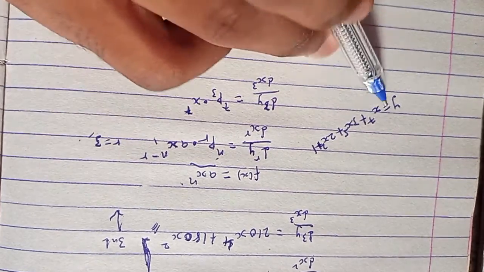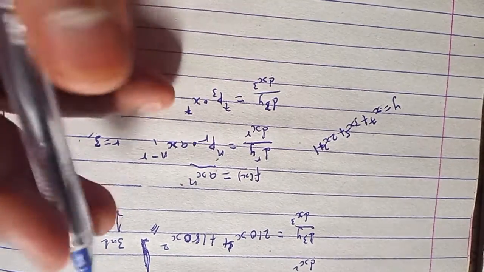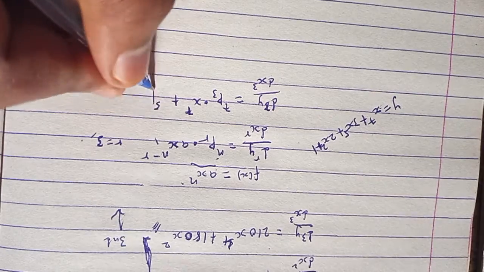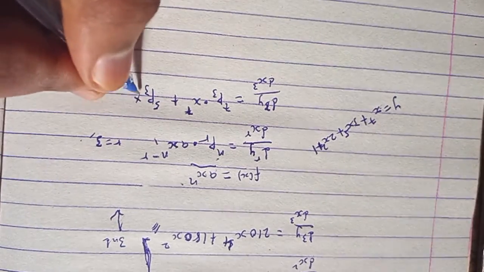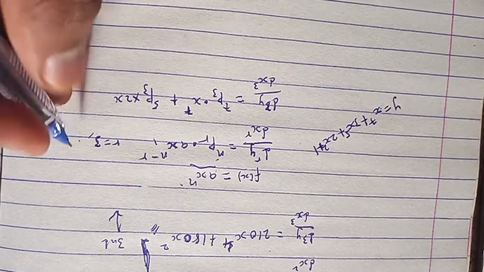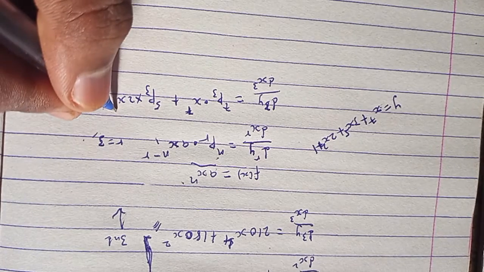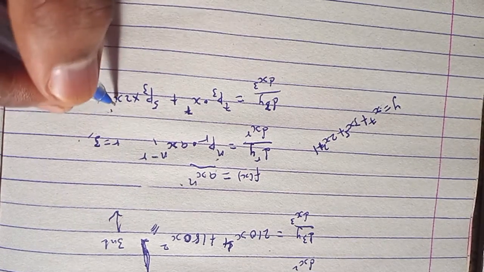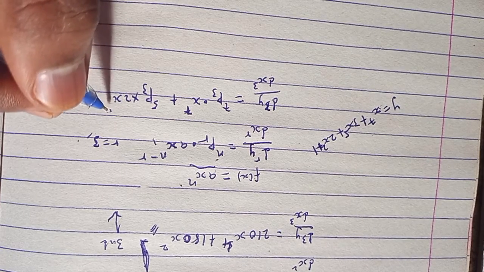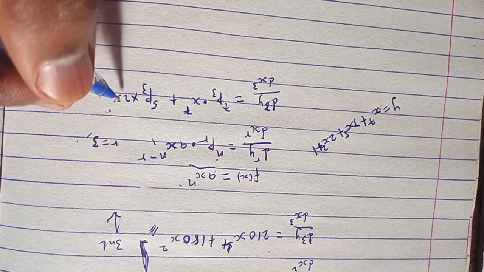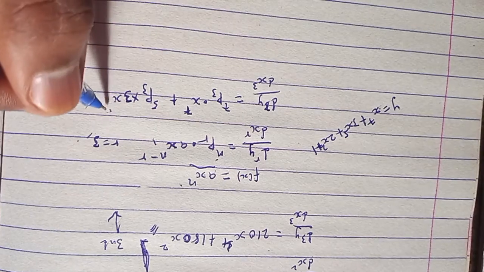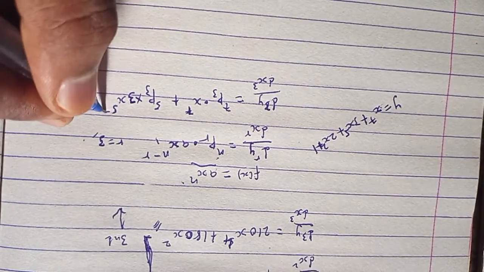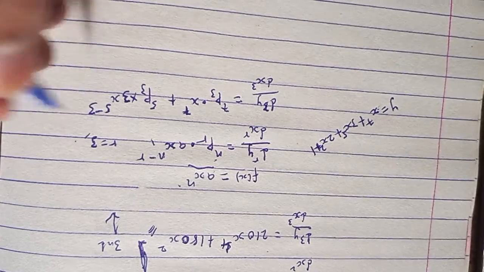Here the coefficient is 1, so 1 can be like the a. So plus, in that order, 5 permutation 3 times 3 times x to the power 5 minus 3.